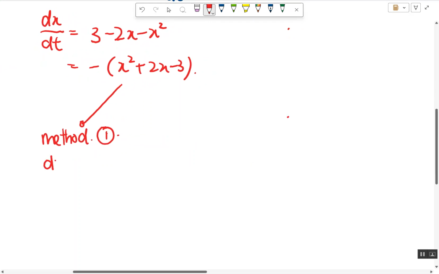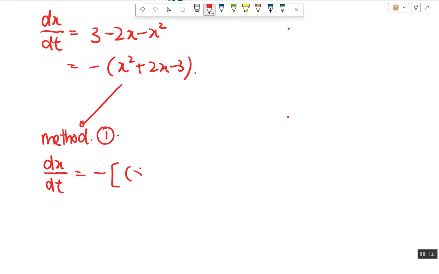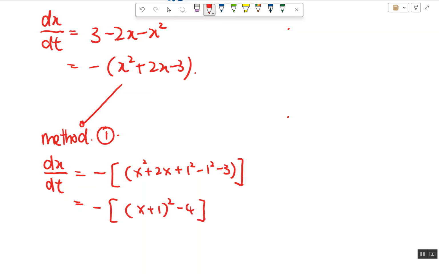That means once you see a quadratic, you go and complete the square: negative, x squared plus 2x plus 1 squared minus 1 squared minus 3. I will have negative, open bracket, x plus 1 squared minus 4, and I'm going to get 4 minus (x plus 1) squared.